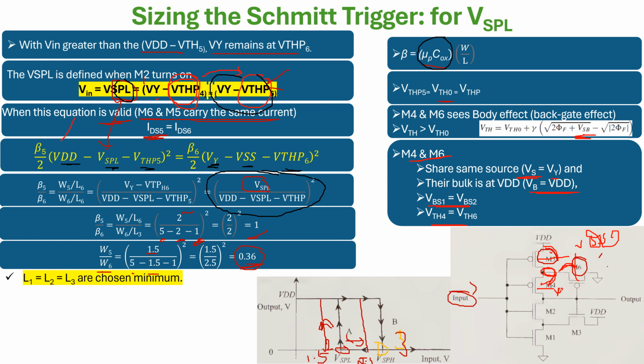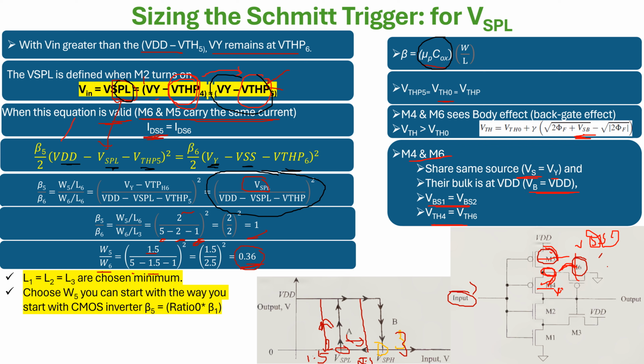Now let's summarize it. So how do we choose length? In typical logic circuits, we always pick minimum lengths for so many reasons: one is area, one is speed, and so many others. Generally we prefer to keep the same lengths in logic circuits. So we are able to figure out the length of the devices. Let's look at M5 and M6. How do we size the PMOS in a CMOS inverter?